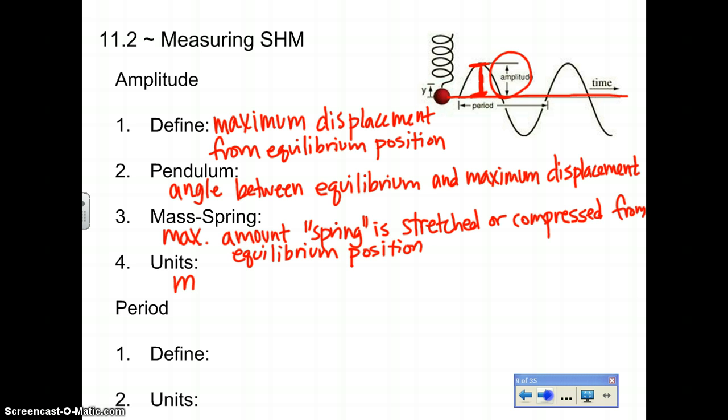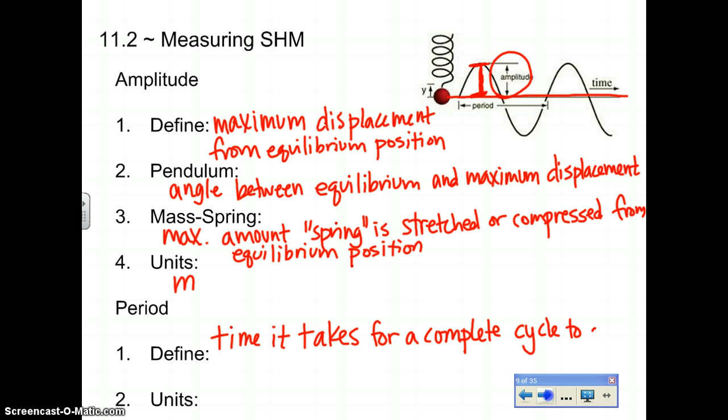Period is defined as time it takes for a complete cycle to occur. In other words, you're looking at from starting point back to same starting point.